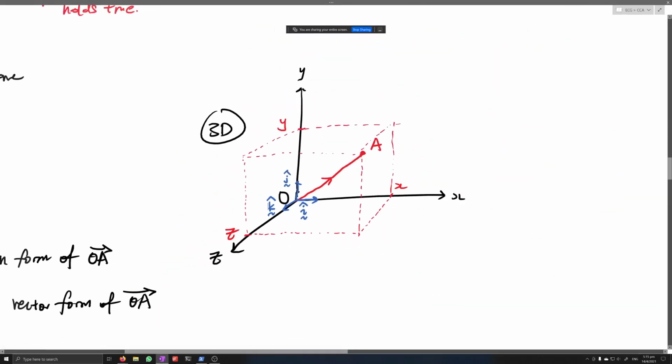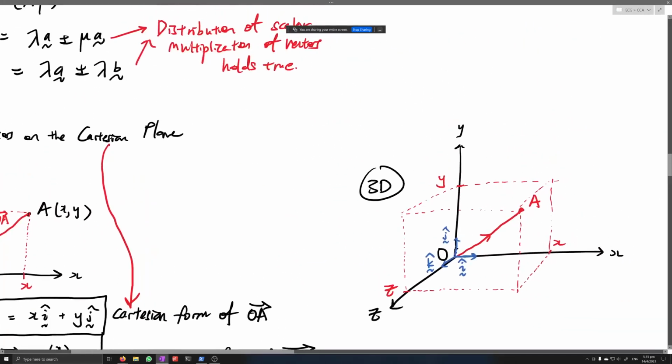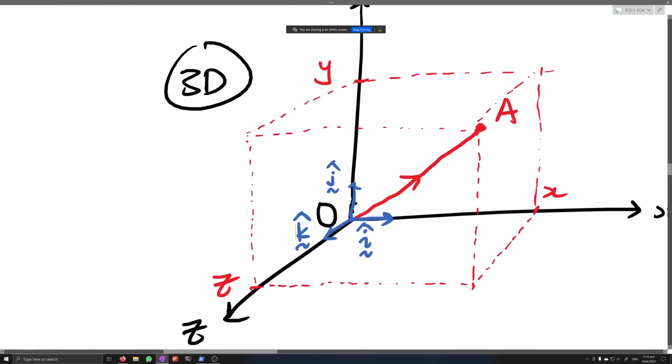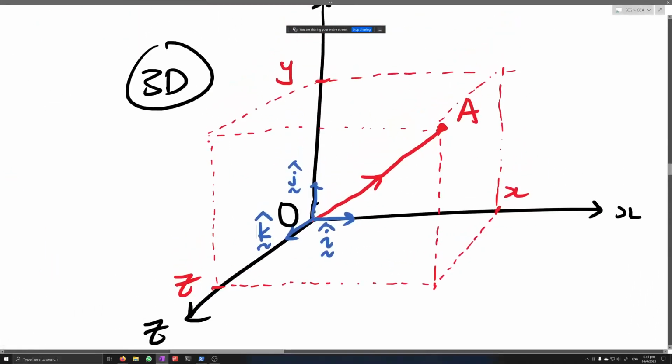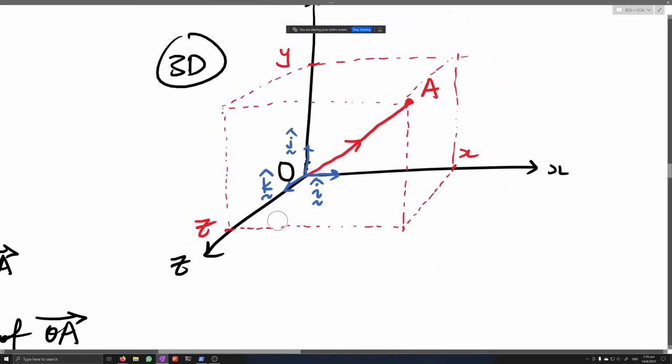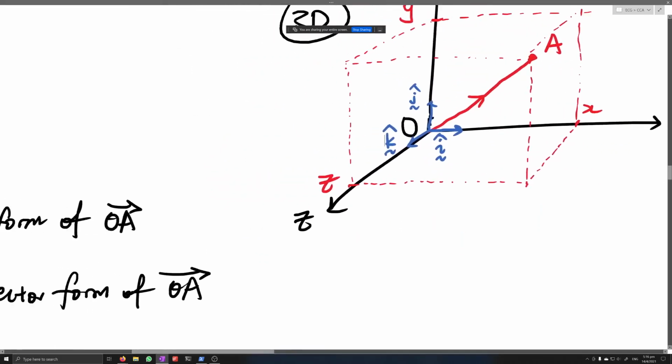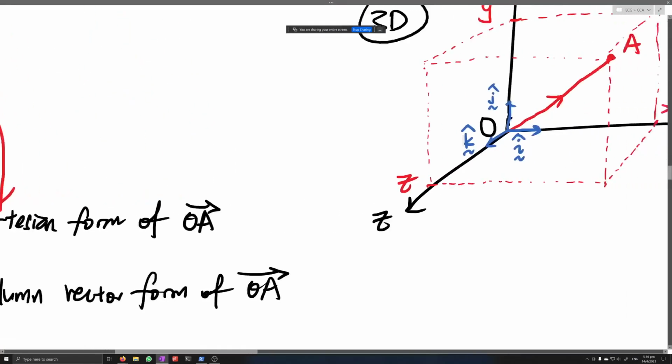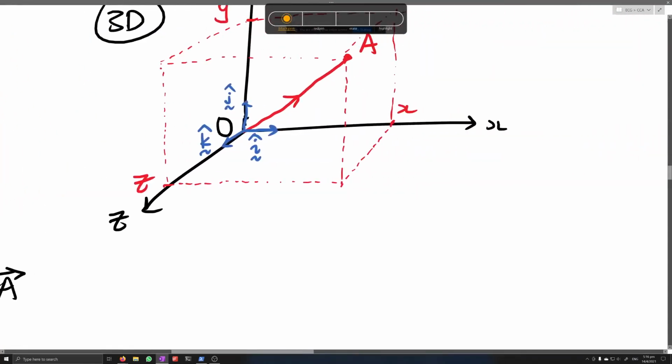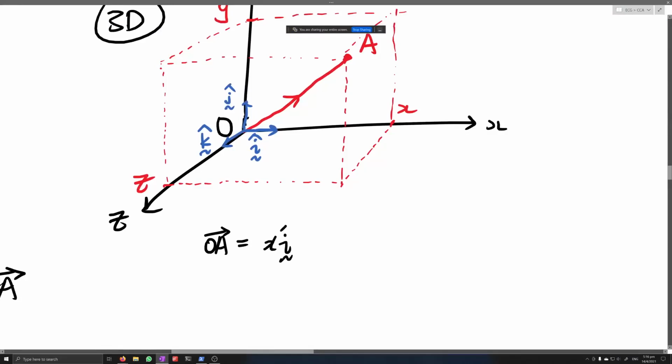So these i, j, k are the unit vectors that by convention people like to use to represent the unit vectors pointing in the positive x, positive y, and positive z direction respectively. So again, OA is equal to x times i hat plus y times j hat plus z times k hat. This is Cartesian form.